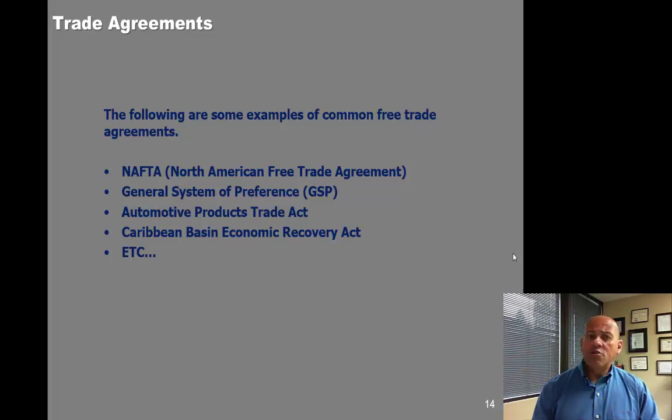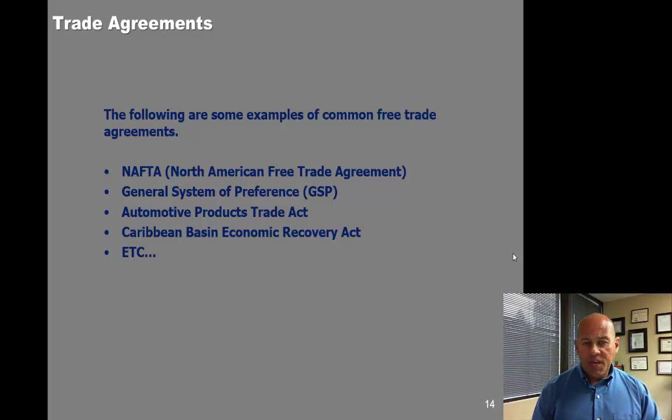And NAFTA can be a little bit complicated because, again, it's a combined or a possible combined country of origin ruling between three different countries. So you have items like tariff shift, you have issues in valuation. So it's very important to sit down with your broker, licensed customs broker, and go over these issues if you have goods that you think qualify for NAFTA.